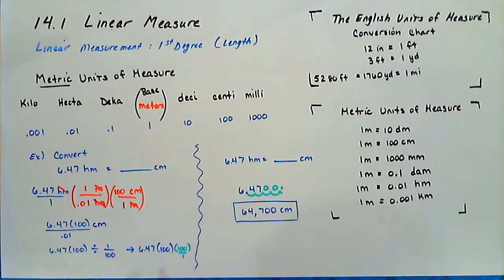And sure enough, I end up with the same answer, 64,700 centimeters. Or grab your calculator and go from there. Okay? So it's pretty cool. Metric is pretty much the same idea, only we're just moving decimals.